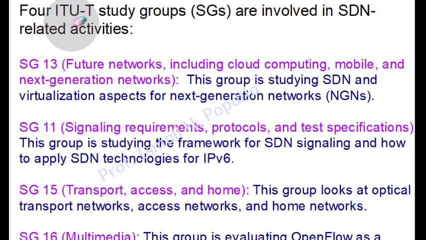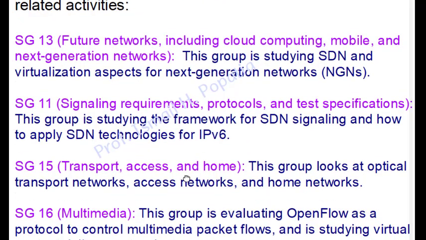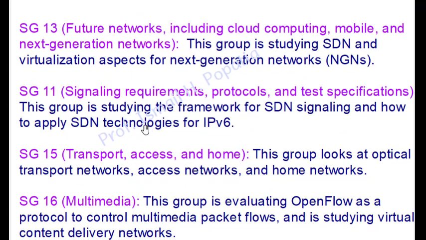Then we have ITU-T study groups. They have created study groups and they have some related activities, like SG13. This is for future networks, which includes of course cloud computing, mobile and next generation networks. Then we have SG11, which is for signaling requirements, protocols and test specifications.